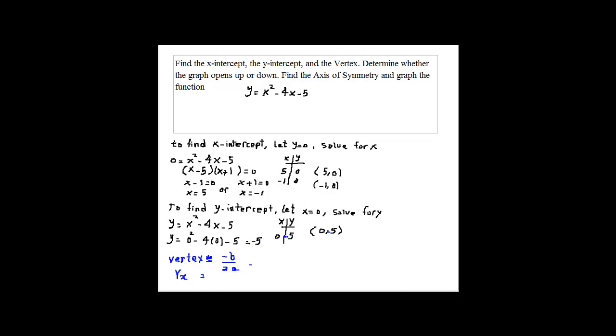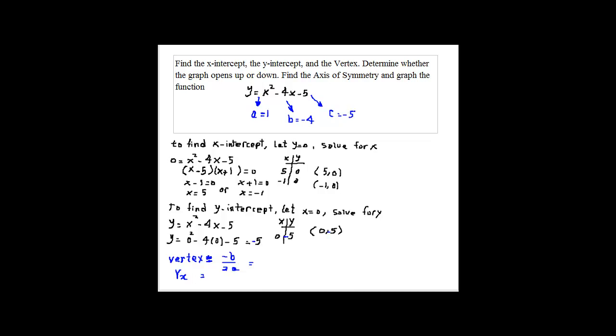In this case, a is the coefficient of x squared, which is 1, b is the coefficient of x, which is minus 4, and c is the constant, which is minus 5.